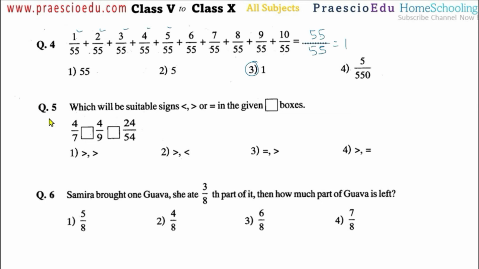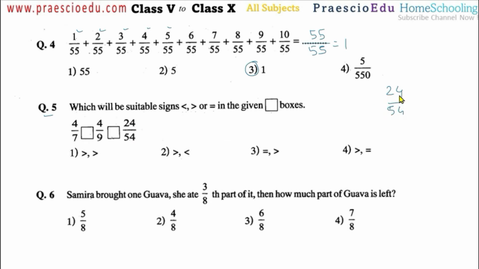Now question number 5: which will be the suitable sign, less than, greater than, or equal, in the given square boxes. Here 4 by 7, then box, here 4 by 9, then box, and 24 by 54. So 24 by 54, both are even, so there may be a common factor, and we will reduce it.